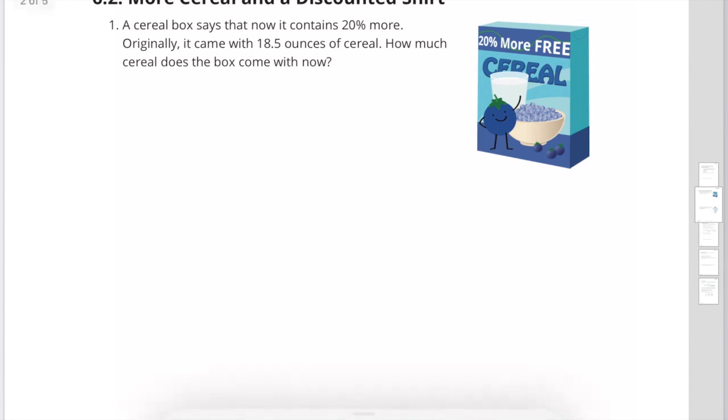So we know that it says it contains 20%, and the key word here is more. 20% more. Okay, and it originally came with 18.5 ounces. So one way to do that would be a double number line.